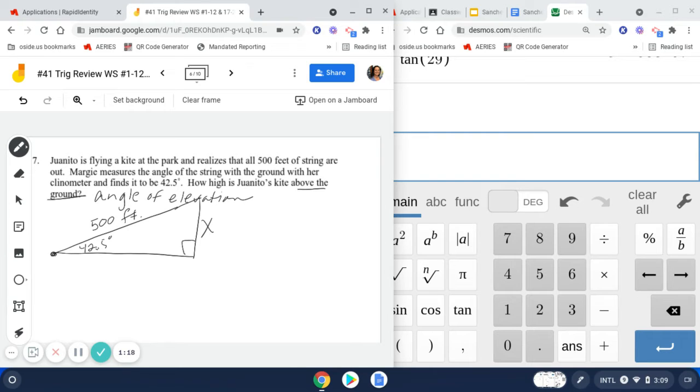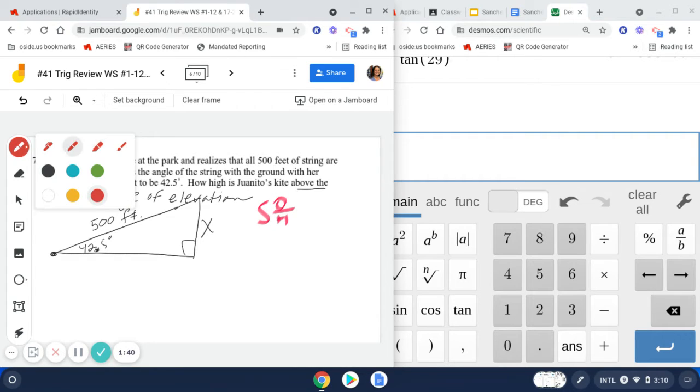So here's our right triangle with the given angle of 42.5 degrees, the hypotenuse of 500, which is our kite string, and the missing height happens to be our opposite. So which trig function are we going to use? You got it. Opposite over hypotenuse is going to be our sine function.